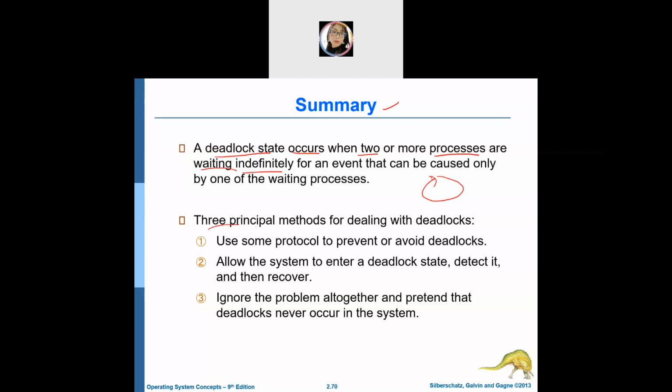There are three principal methods for dealing with deadlock: use some protocol to prevent or avoid deadlock; allow the system to enter deadlock, detect it, then recover; or lastly, ignore the problem altogether and pretend that deadlock never occurred.